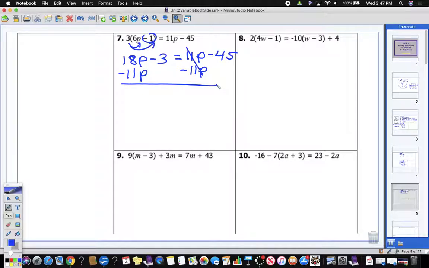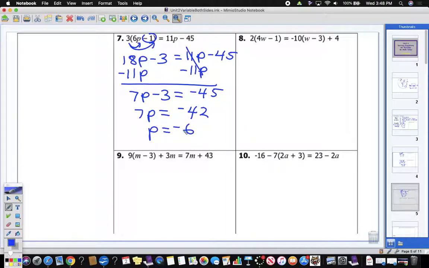And we get 7p minus 3 equals not just 45, but a negative 45. Okay, if we add 3 to both sides, we get a negative 42, and then divide by 7, we get a negative 6.